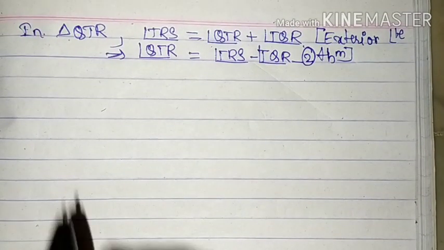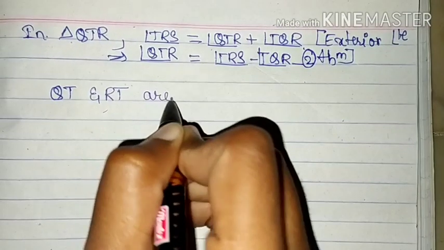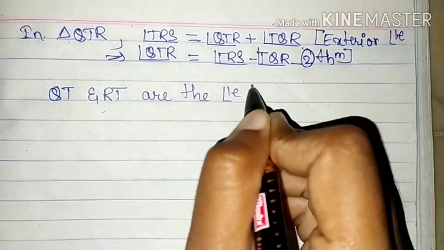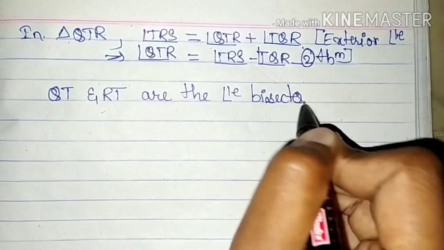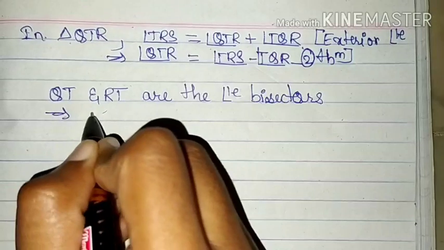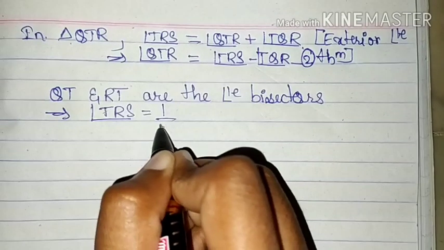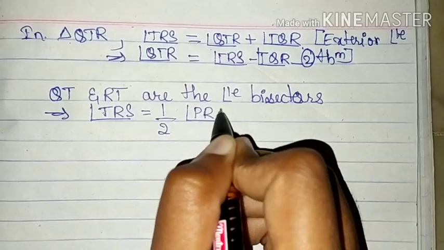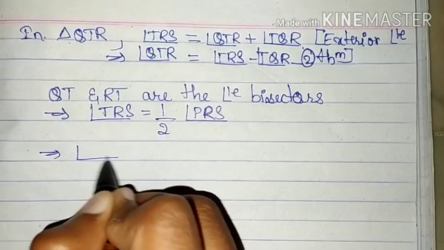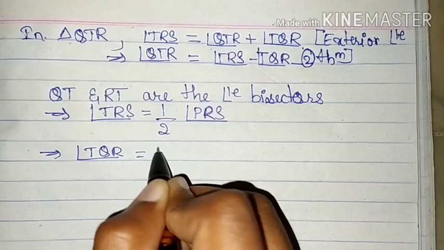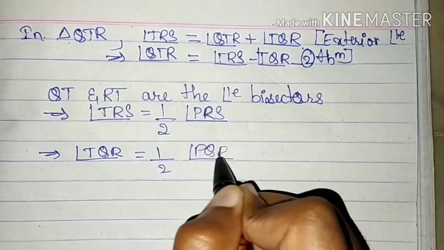Now since QT and RT are the angle bisectors, which means they have divided the angles into two equal parts, this implies angle TRS is equal to half of angle PRS. It is half of that bigger exterior angle, and similarly angle TQR is half of angle PQR.